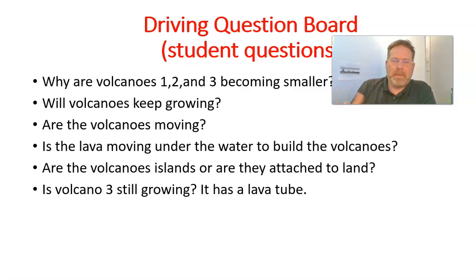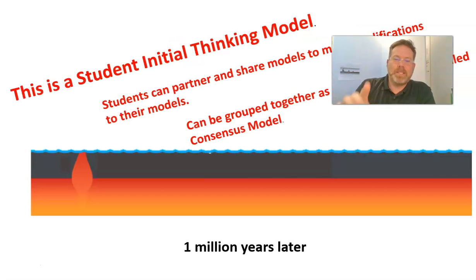They're not going to have the vocabulary, but this driving question board is student questions. If you solicit questions they have after they've built this model, you now have a bunch of questions that they've asked that they want to find out, and you will provide them the content and the information for the next several days.